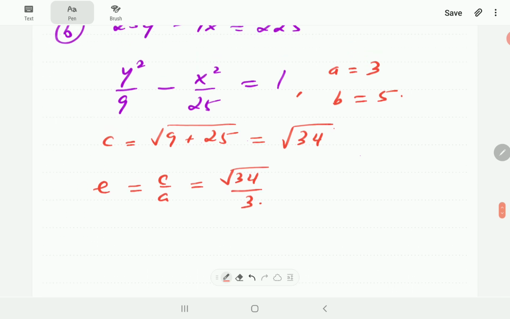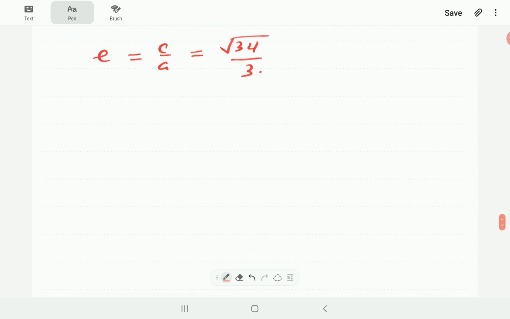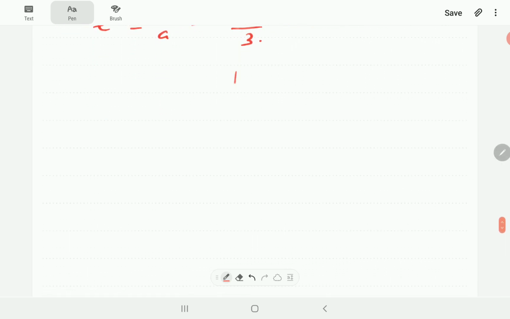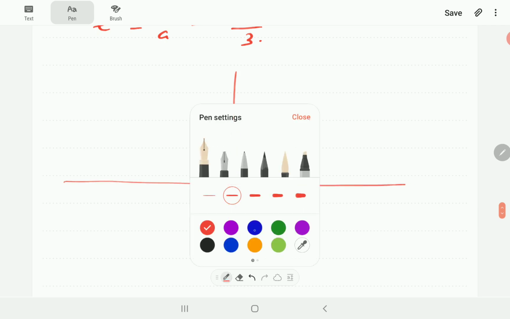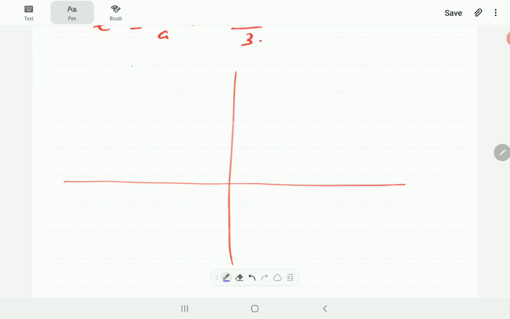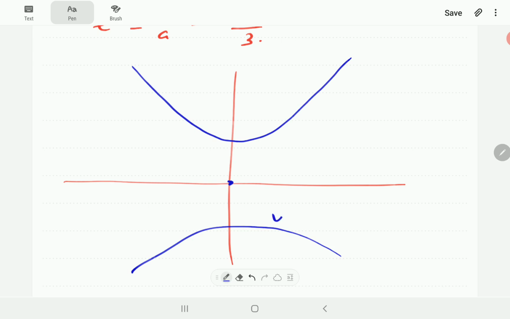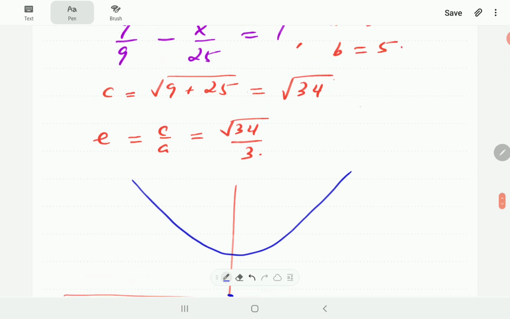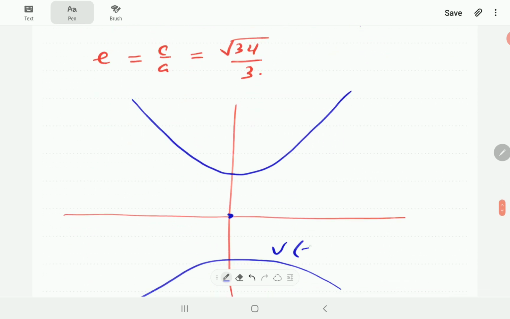Now for the sketch: since the positive term is the y term, the transverse axis this time is going to be vertical, so our graph is going to look something like this. The center is (0, 0). One vertex is going to be at (0, -3), the other vertex at (0, 3).